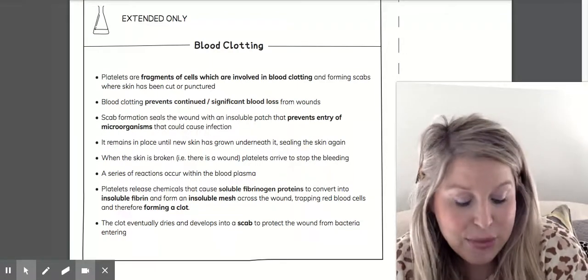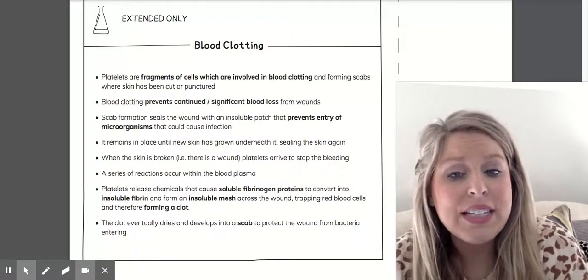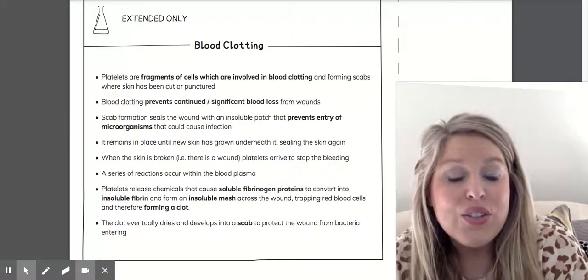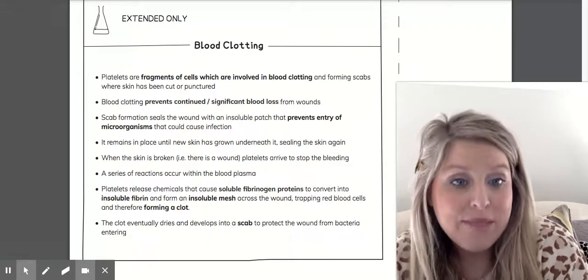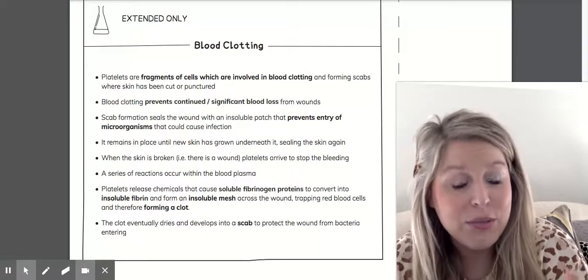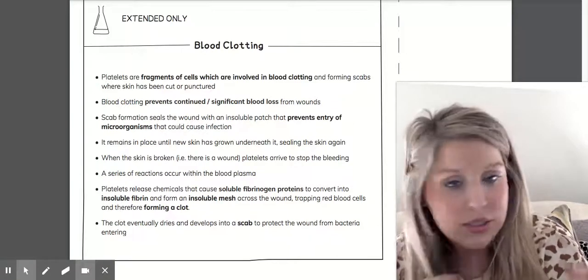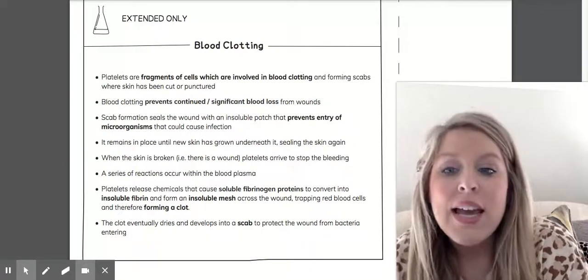As your body responds to the cut on your skin, your platelets are going to release chemicals that cause soluble fibrinogen protein, soluble meaning it's dissolved in the blood, to be converted into an insoluble, which means it cannot be dissolved, fibrin.